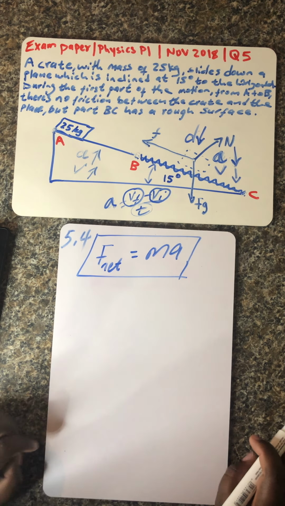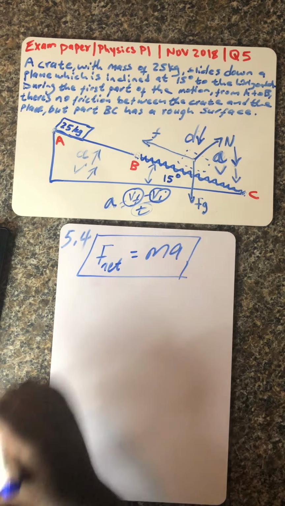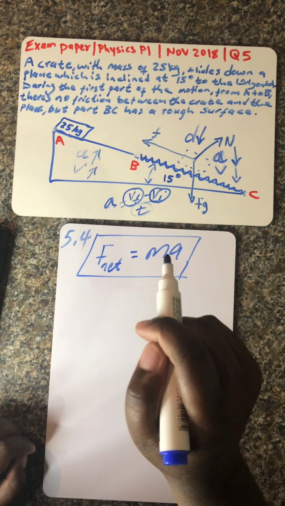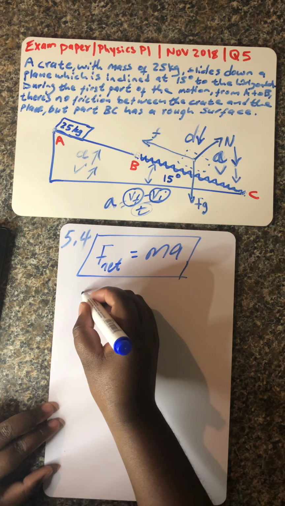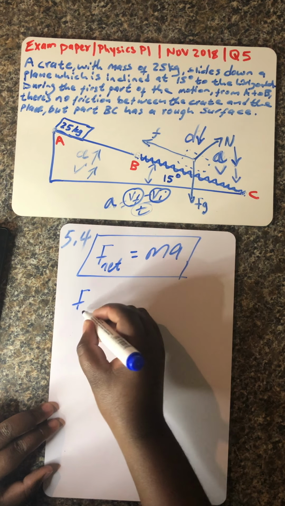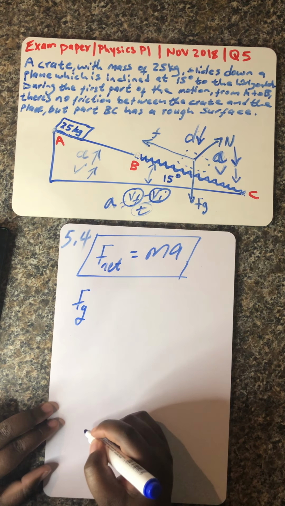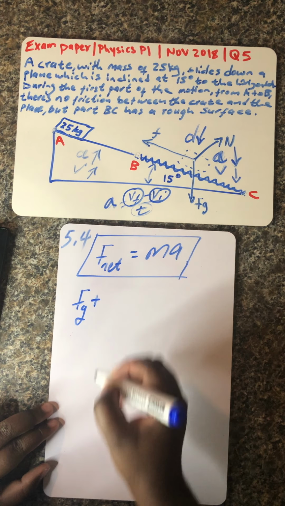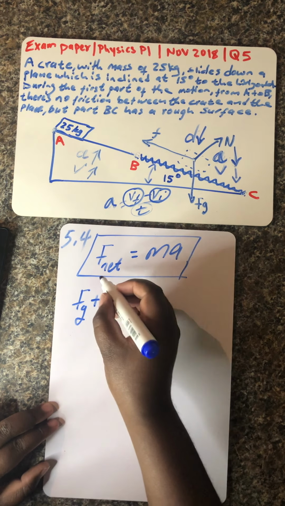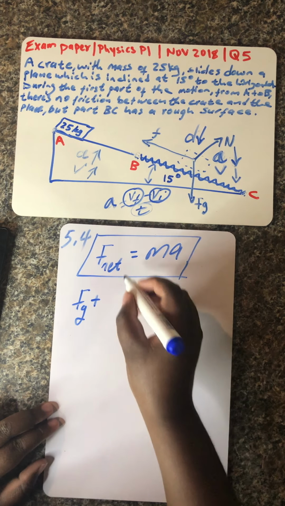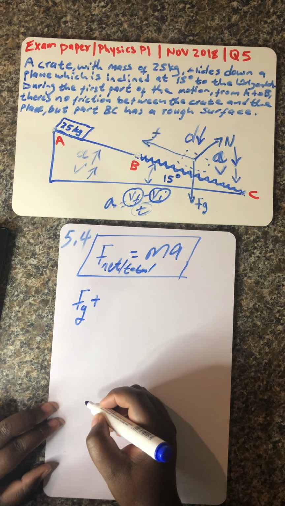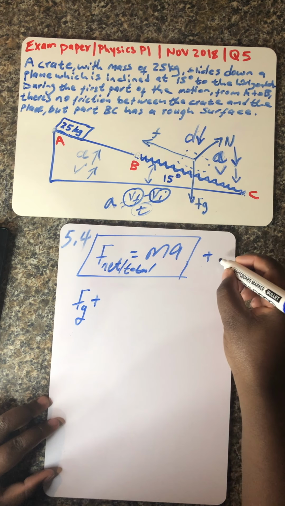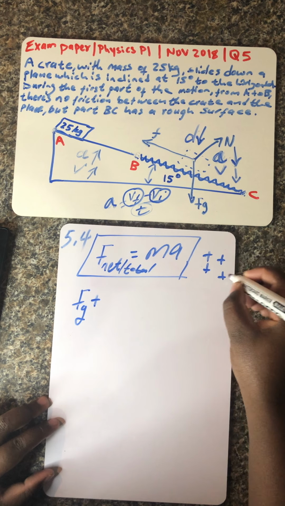Okay, so now that we know that we've got 2 forces acting on that object, you can just write them down. So we know the first force is the force of gravity, plus, why am I saying plus? It's because the formula says net, and we know net refers to total, and when you've got total, you just get the sum.